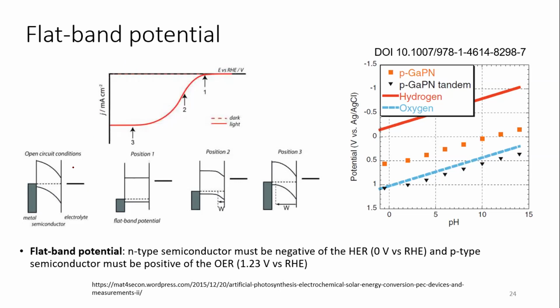Because when you bring a semiconductor and an electrolyte medium together, for example in this case a p-type semiconductor with water as the electrolyte, the electrochemical potential of the semiconductor and the aqueous medium will get equilibrated. When they are at equilibrium, there will be some charge transfer taking place.